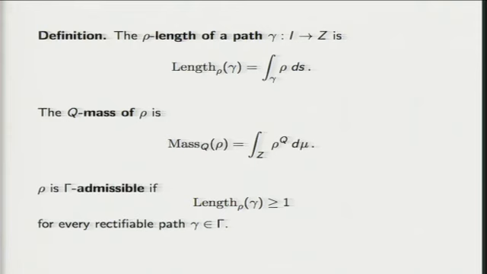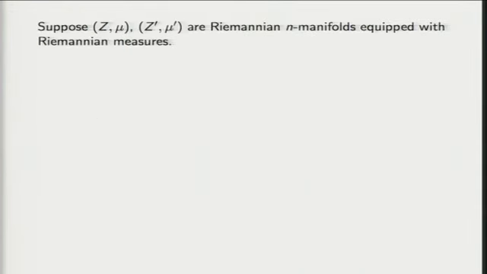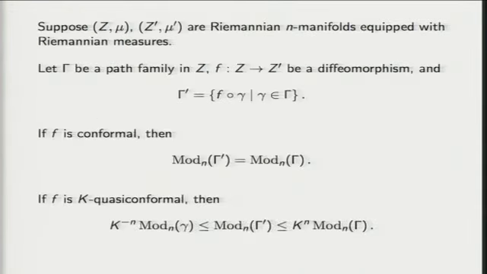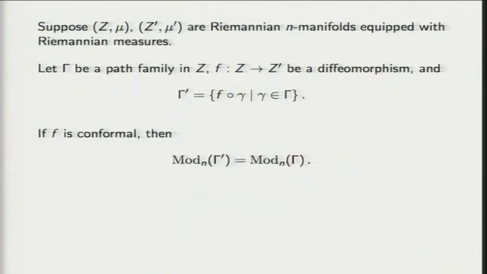The condition of admissibility is a condition on length, where we're integrating rho over each curve in the family. So the point is, this is conformally invariant, and if you take something which is K quasi-conformal.